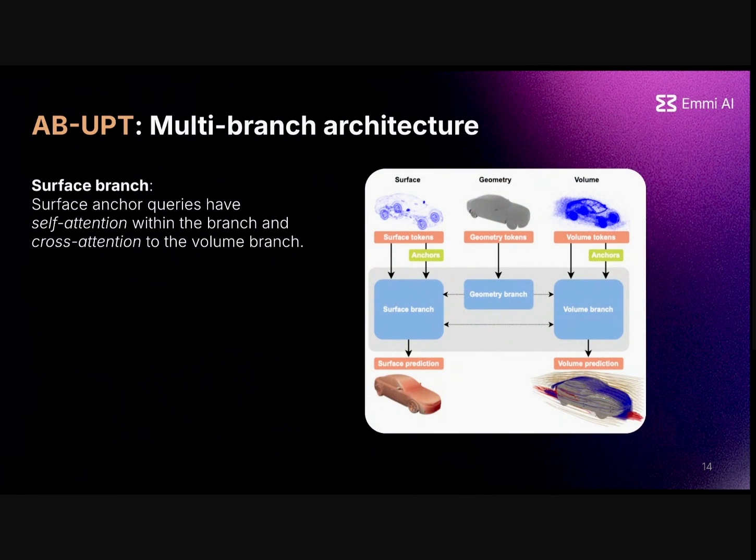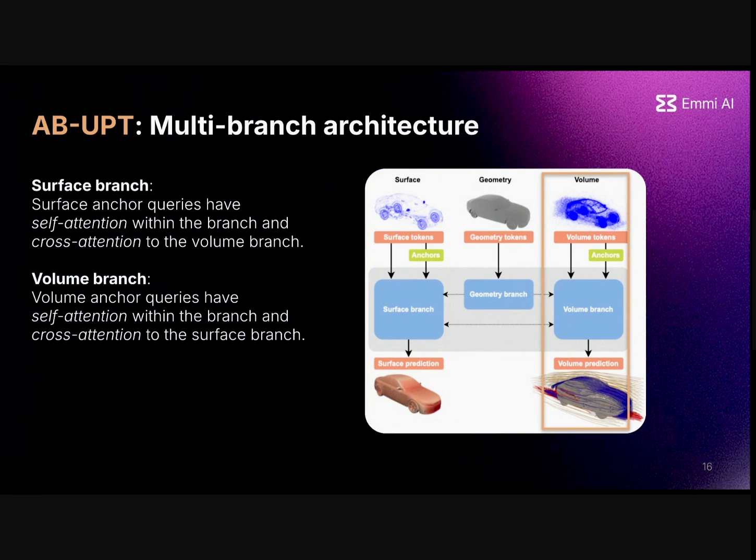Our multi-branch architecture consists of three branches, which all model their own modality or physics. We first start with the surface branch. The goal of the surface branch is to model the physics on the surface of the simulation mesh by taking queries of the surface, and there is self-attention within the branch and cross-attention to the volume branch to model the interaction between the surface and the volume mesh.